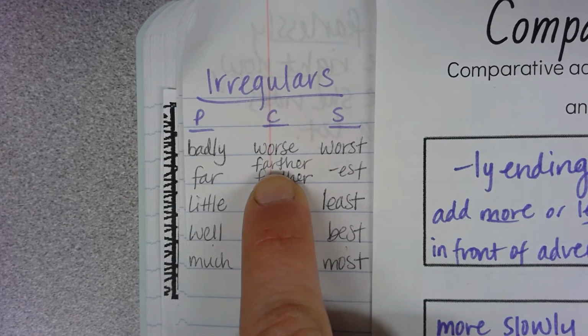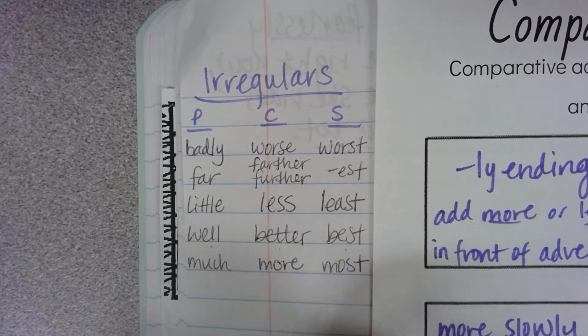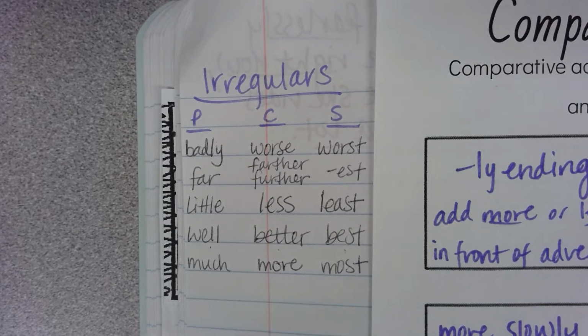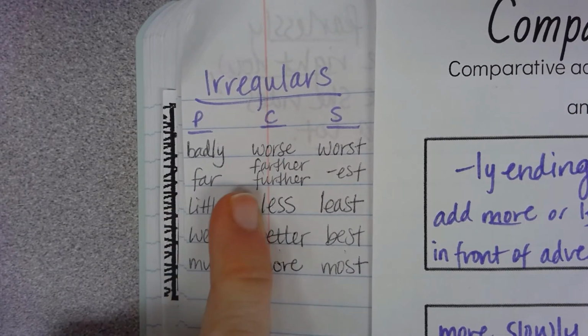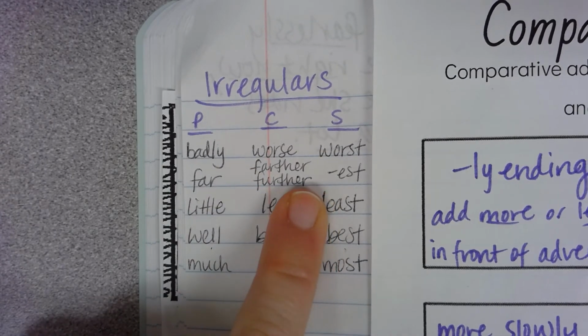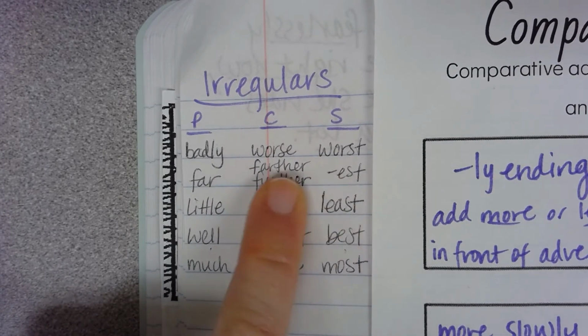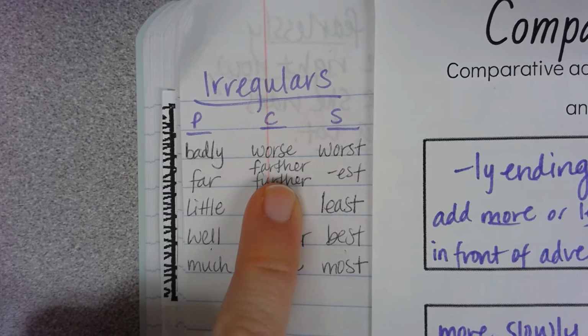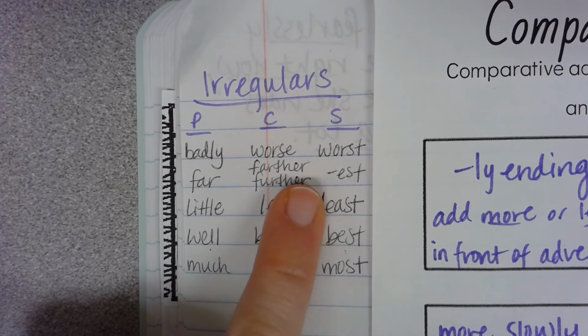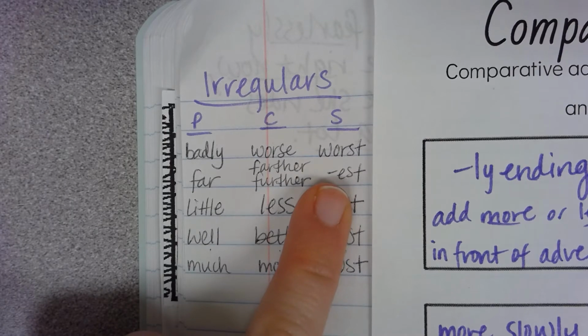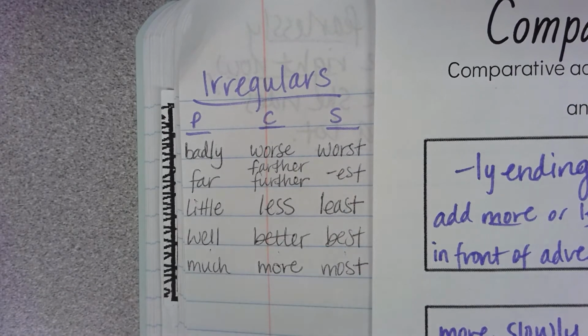You're not investigating farther because farther is always attached to distance or traveling of some sort. So from far, depending on what you're talking about, you would just add an ER to the end. And then either of these, the one that you used here stays the same, but you just add an EST to the end of the adverb instead of ER.